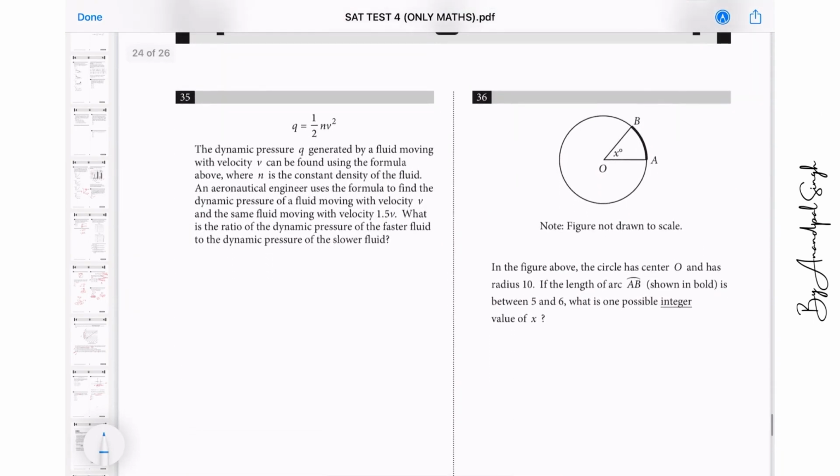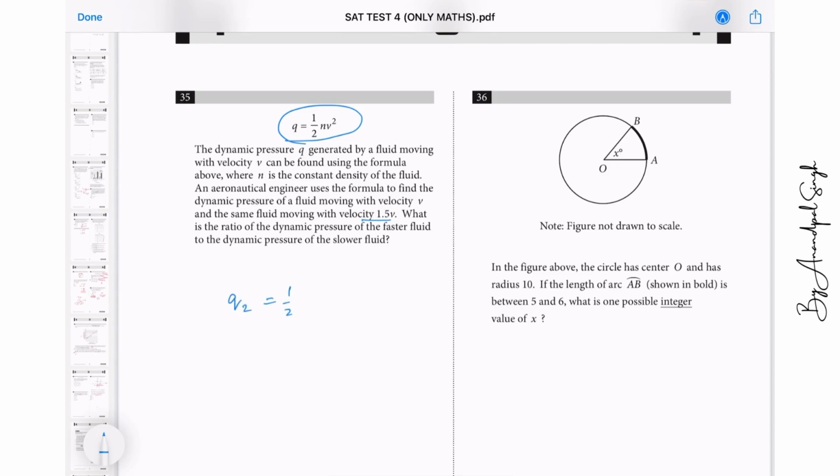Okay, good going. Only 4 more questions to go. The dynamic pressure Q generated by the fluid is given by this formula. The question is, an aeronautical engineer uses the formula to find the dynamic pressure of a fluid moving with velocity v and the same fluid moving with velocity 1.5 v. What is the ratio of the dynamic pressure of the faster fluid to the slower fluid? So Q2 is faster.